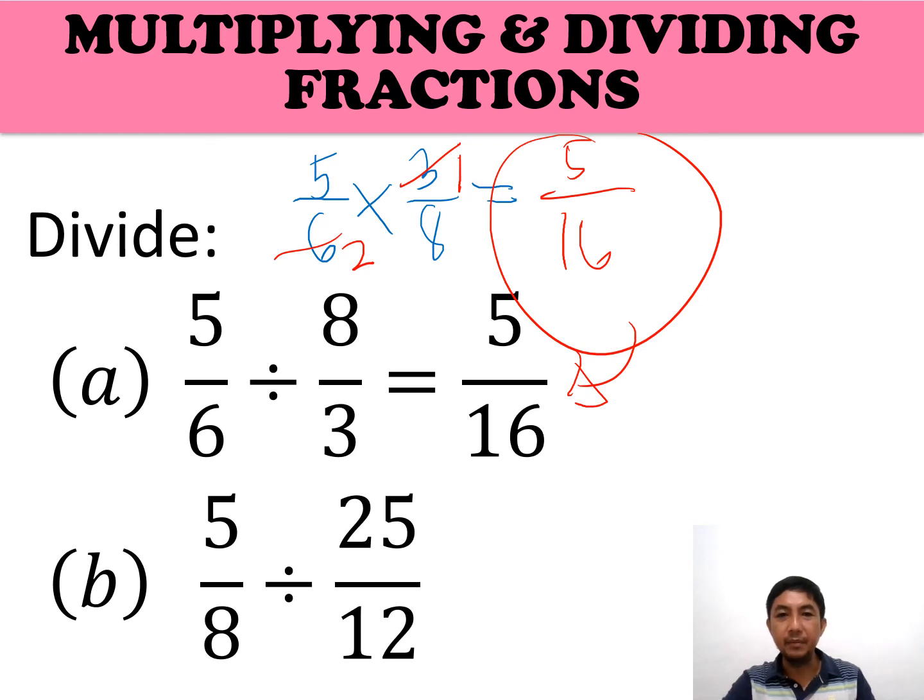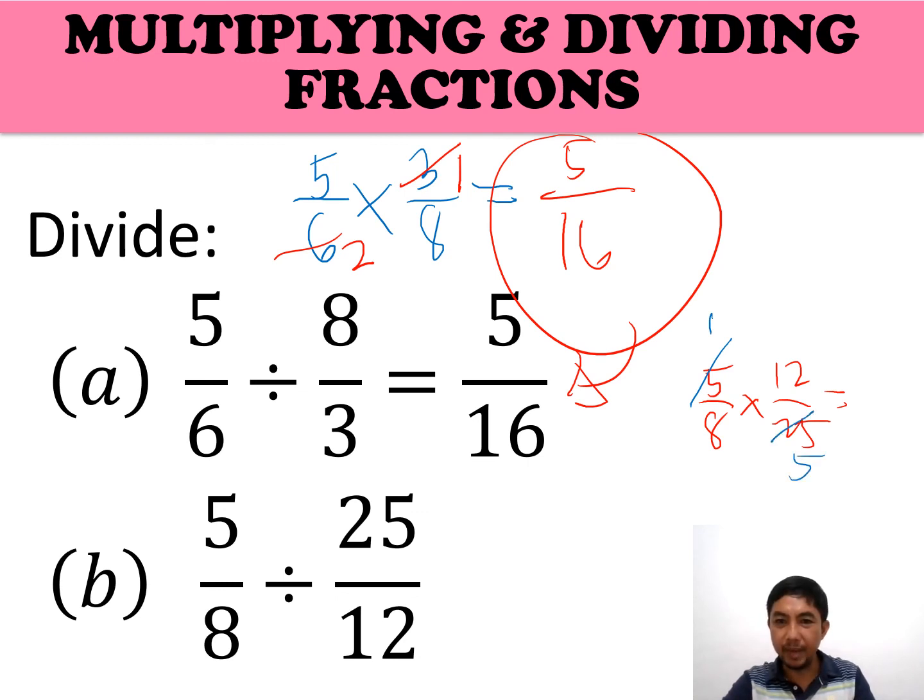Letter B example. So this will be equivalent to 5 over 8 times the reciprocal of this. So 12 over 25. So if you notice, yung 5 tapos yung 25 parehas sila divisible by 5. So 5 divided by 5 is 1. 25 divided by 5 is 5.